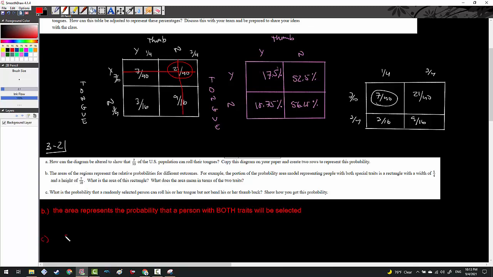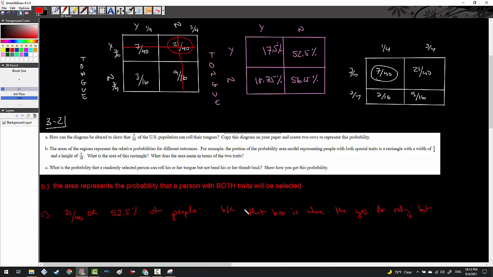So 21 out of 40, or as we convert it to a percent, that would be 52.5% of people. And again, if we had to justify it, we could say because that box is where the yes for rolling but no for bending intersect.